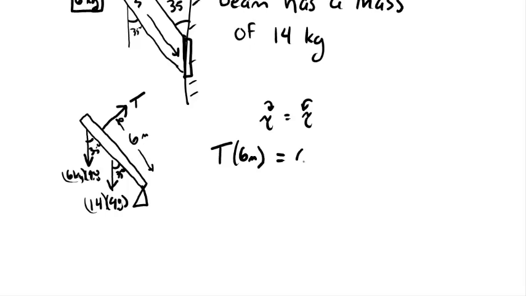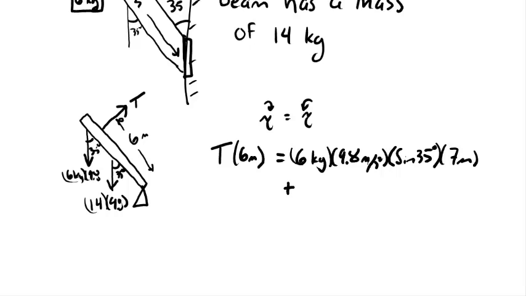Now counterclockwise will be 6 kilogram mass times 9.8 meters per second squared times sine of 35 degrees, and that is 7 meters from the pivot, plus 14 kilograms times 9.8 meters per second squared times sine 35, and that is 4 meters from the pivot.